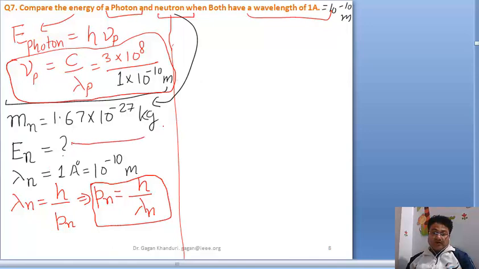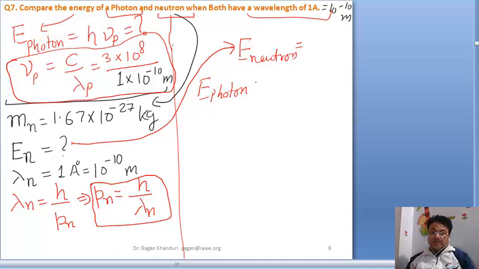I have to find out energy of neutron, and I have to find out energy of photon. This is also not known right now. Then I have to compare them. Now the information that I have, I will try to use that to find out these quantities.